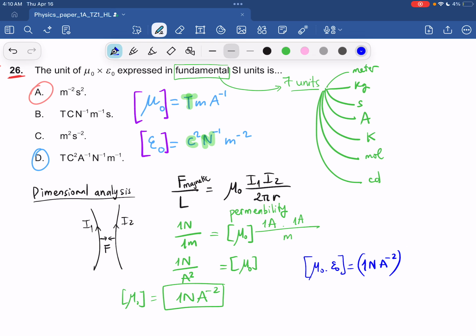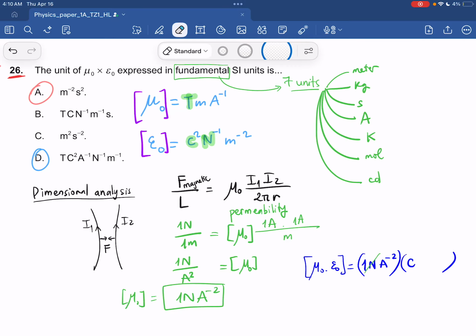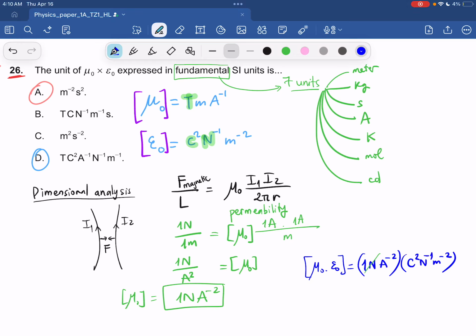This is for mu, and this is for epsilon, like you have over there. Oh, my bad, this is just minus 1. I'm writing too fast. So let me write again: Newton squared, Newton minus 1, meter minus 2. So we can see that Newton cancels out. What is left now is just amperes and coulombs and meter.